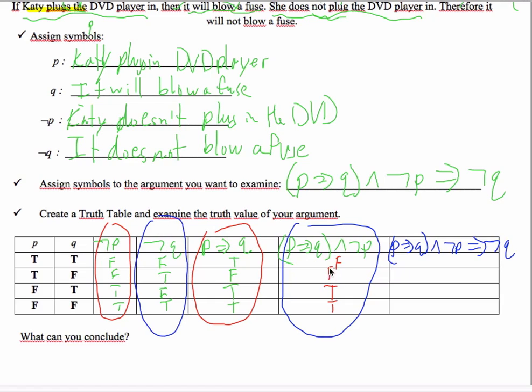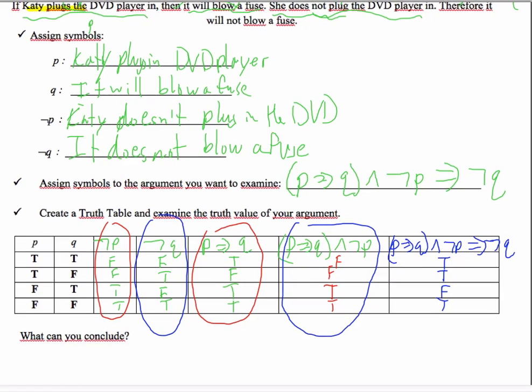So looking at these two, looking for TF. So here we have a TF. This is true and this is false right here, so that means the statement is false right here. The rest of them are true. It's not a tautology.